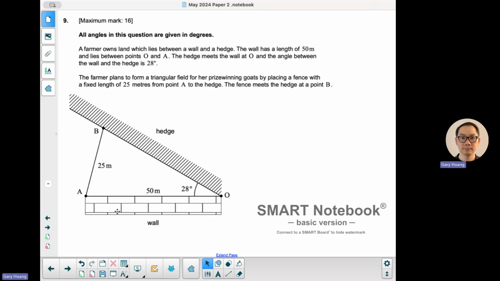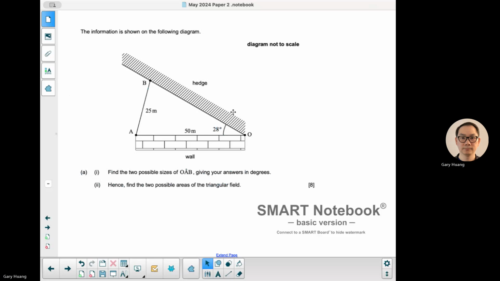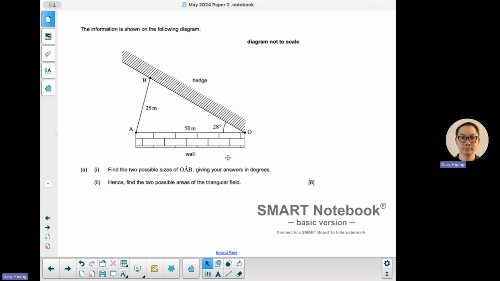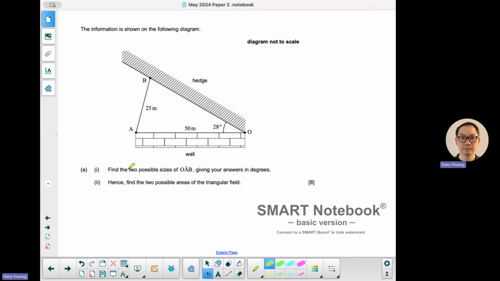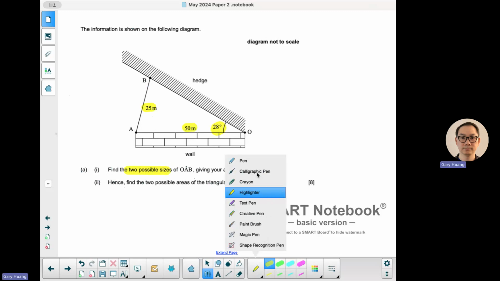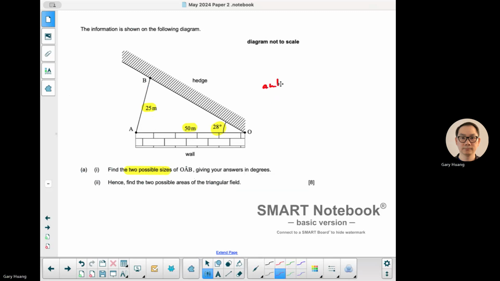Now, if you take a look at the question, I'll give you a hint here. Whenever they say two possible answers, two possible angles, and you're given one angle and two side lengths, that's a typical ambiguous case question. It's a sine law question.